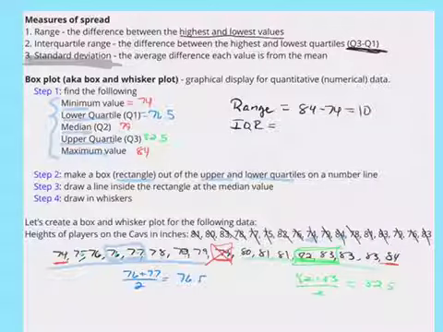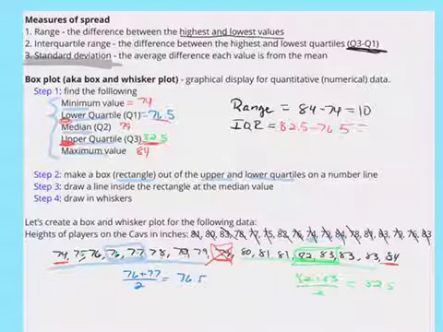So these two values. I'm going to take 82.5 minus 76.5, and that's going to give me a value of 6. So I have those two values.